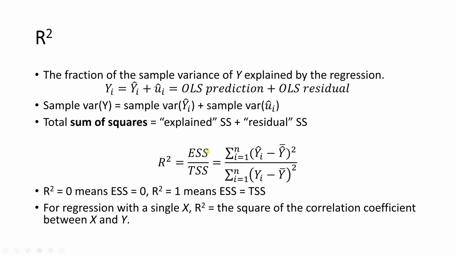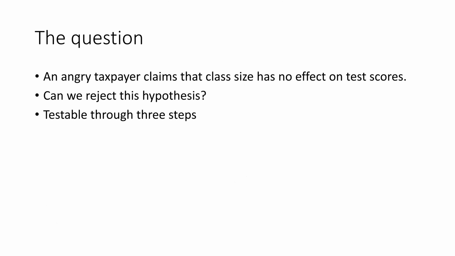Where we have the explained sum of squares over total sum of squares is equal to the sum of your predicted y value minus your average predicted y value squared over the sum of your actual y value minus your y average squared. And this gets really complicated really quick. Again, you can do these calculations if you wish, but this value is provided to you right here in a minute where we look at this.